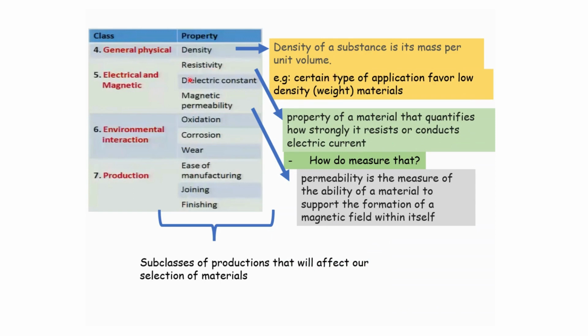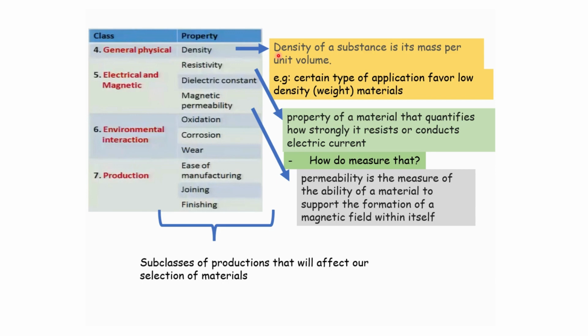And then we have electrical and magnetic. Under electrical and magnetic, we have resistivity, dielectric constant, and magnetic permeability. The resistivity of a material is a property that quantifies how strongly it resists or conducts electric current.